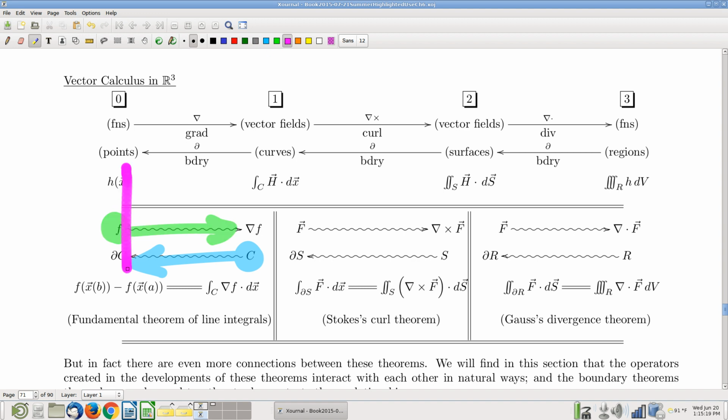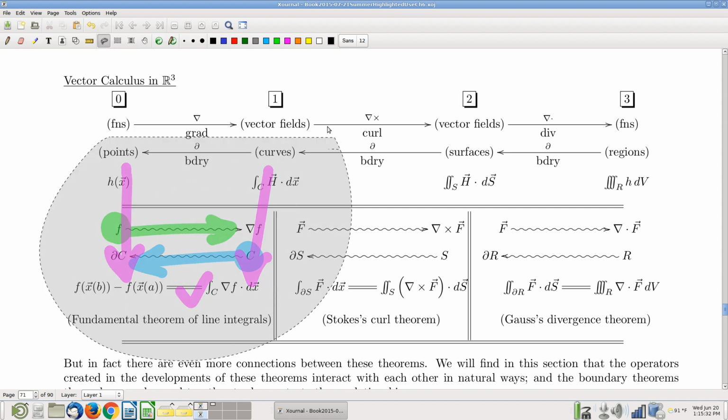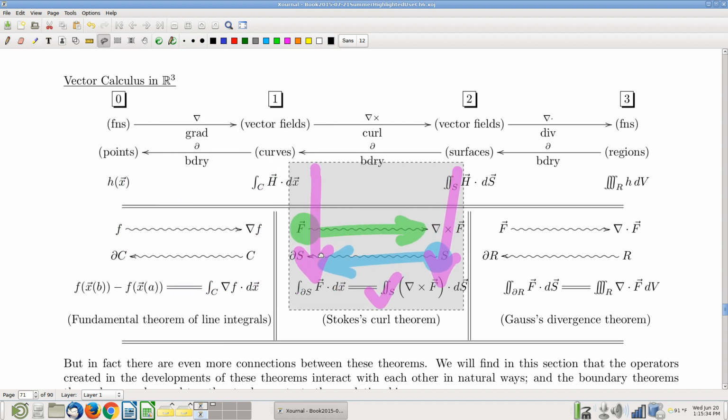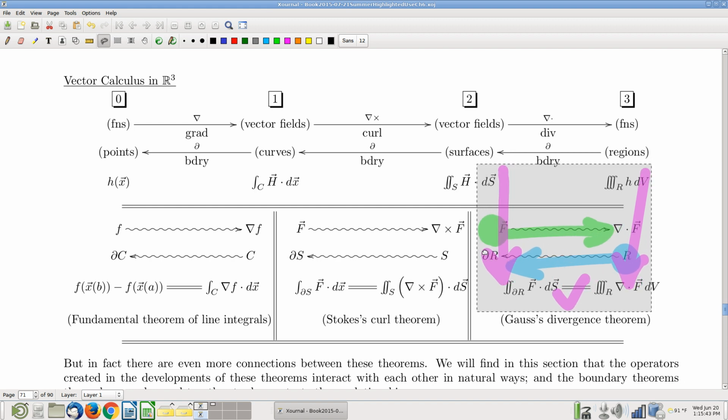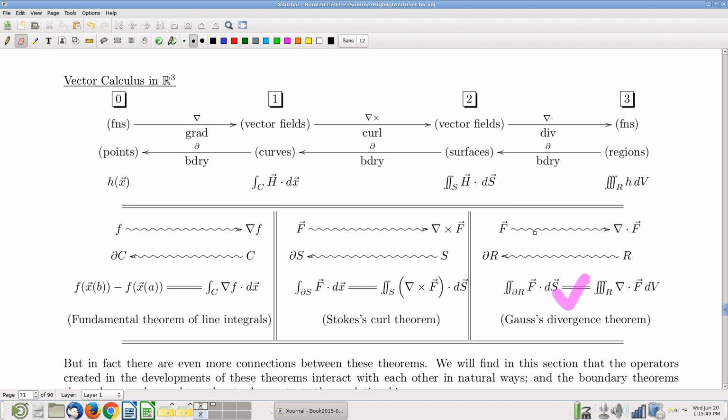If you evaluate the function on the boundary points, and if you evaluate the line integral of the gradient on the original curve, you get the same thing. And Stokes' curl theorem says the same thing. It's just one notch over on the diagram. Gauss's divergence theorem says the same thing, just one notch over on the diagram. Right? And likewise in 2 dimensions for Green's theorem.